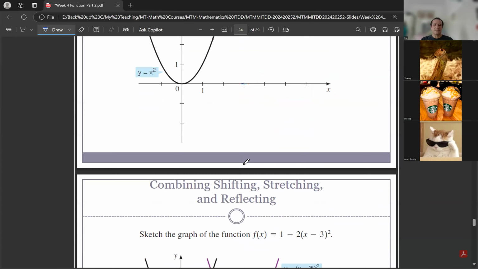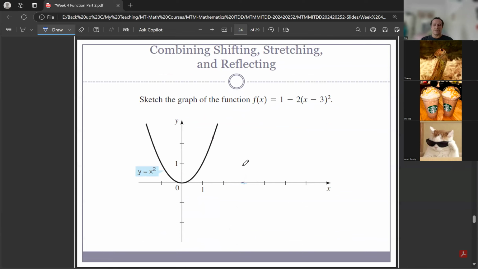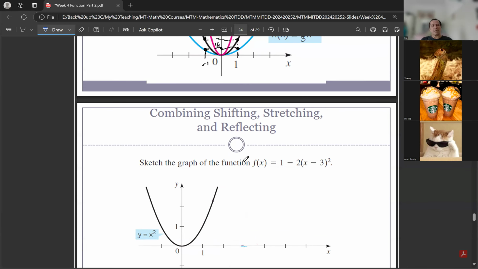And we can combine shifting, stretching, and reflecting. Then we must do the transformations one by one, in series, to get from the original to the result.